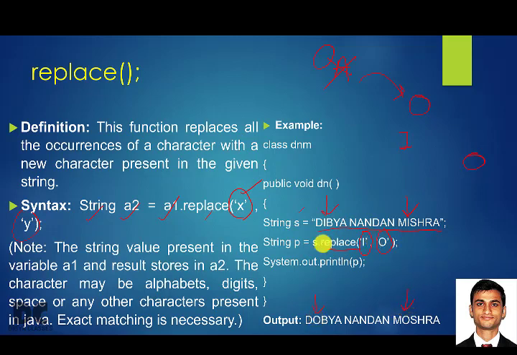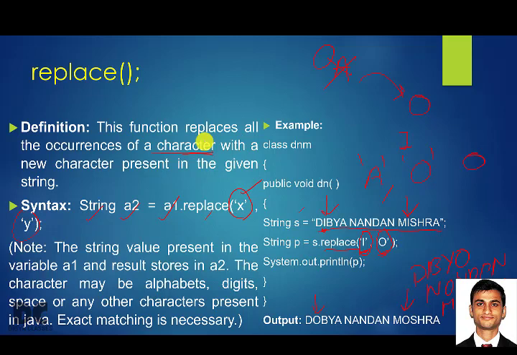What does that mean? I replaced I with O. So for example, if I replace A with O, then the answer will be DIVYONONDON MISHRO. So all the A's will be replaced with O. So if you want to replace a particular character with another character, remember here we are talking about a character, not a word, only a single character, that is a letter with another letter, or a digit with another digit, or a special character with another special character.